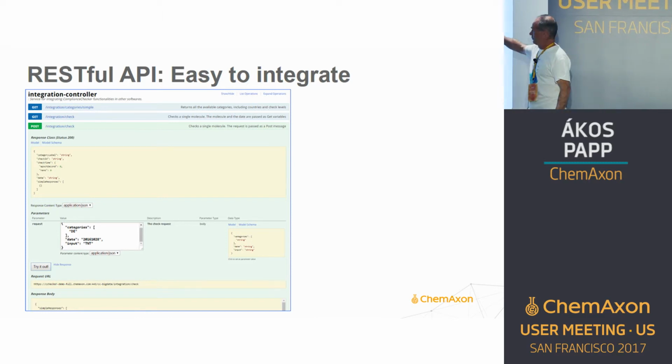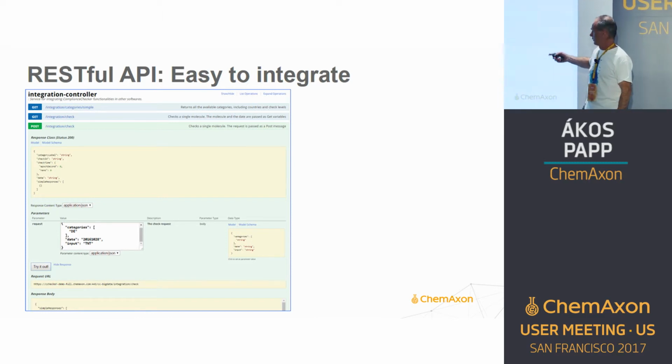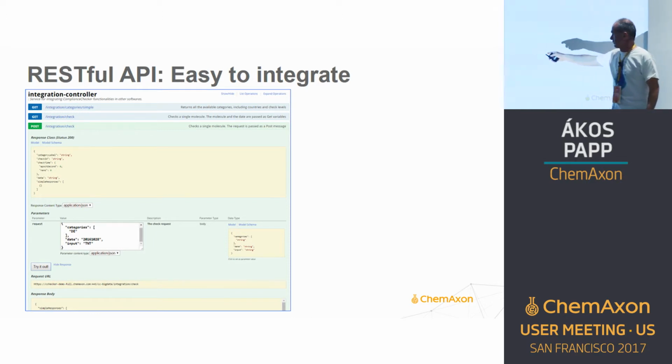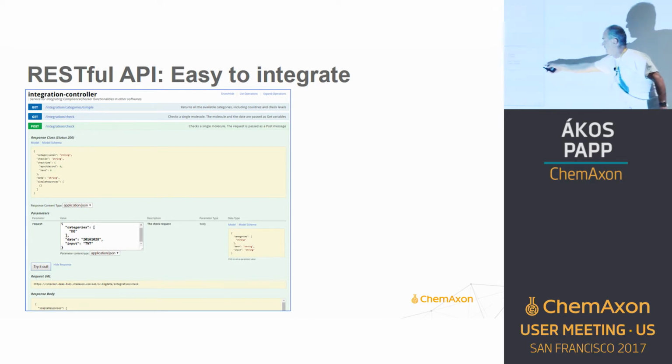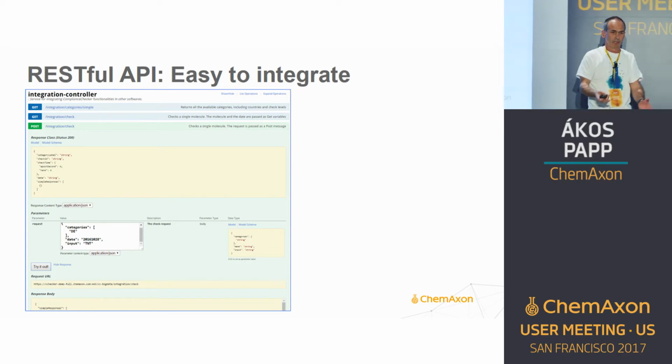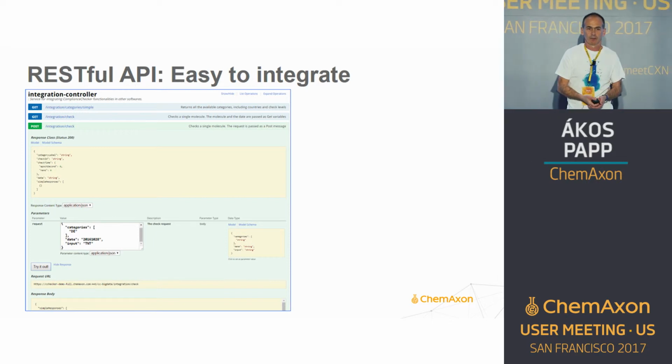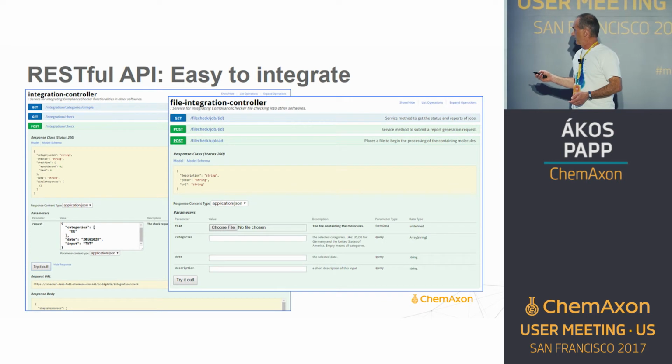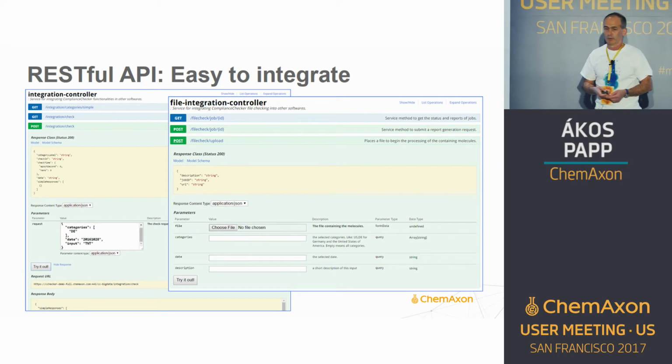In each of these API methods, there is an example, so you can click here and it is copied, you just simply change the text and try it out, you see the JSON answer, and you can see what the result is. So that is for single checks.